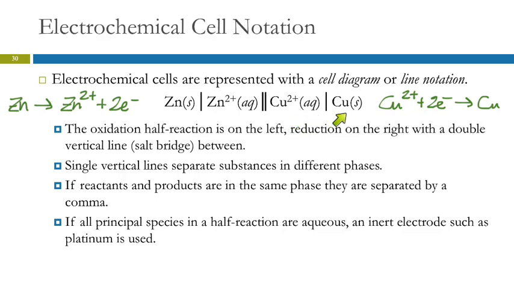In this example, these are in different states, but sometimes they are in the same state. They may be both aqueous. Then instead of a line, we'd separate them with commas. If all of the principal species in a half cell are aqueous, we have to have something solid in there for the electron transfer to occur at.